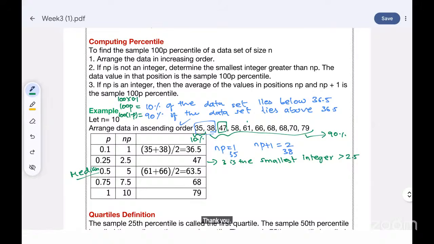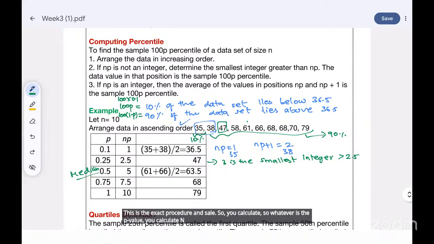Ma'am, here the percentile is given and we collect the value, but for given data, how do we find the percentile? This is the exact procedure I'm saying. Whatever the p value is, you calculate np depending on what your n is. If np is an integer, follow the third step.